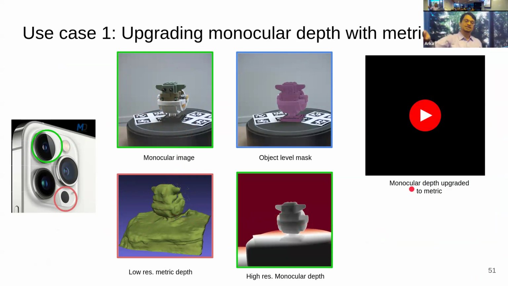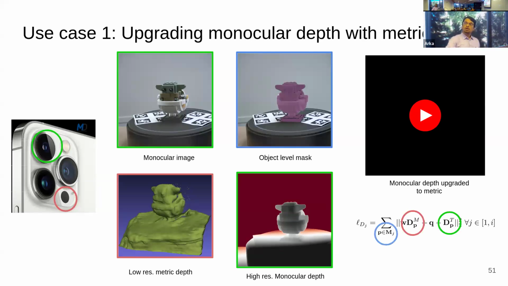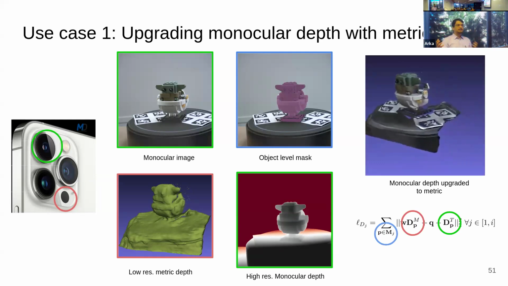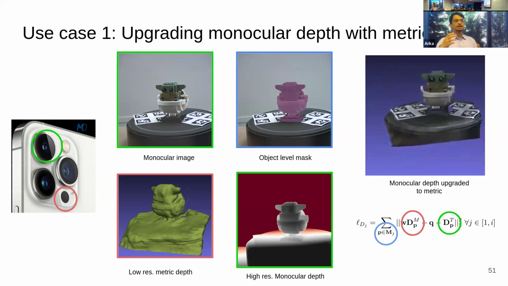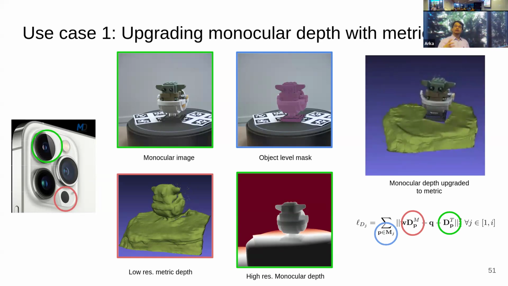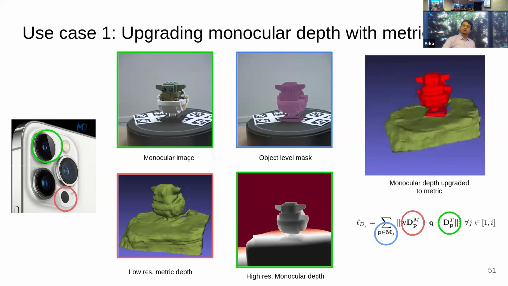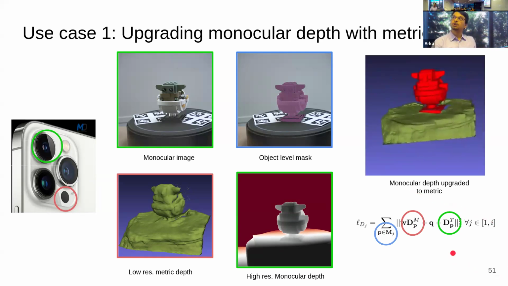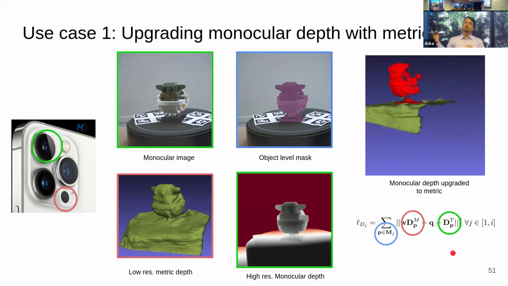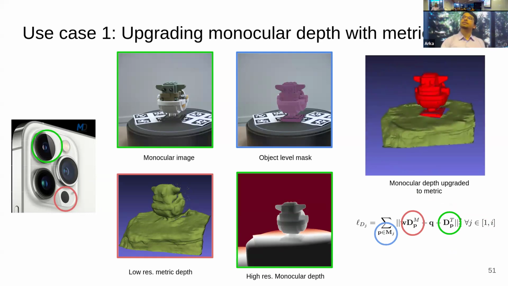From our experiments, we observed that these monocular depth networks understand the scene at a per object level. So they are hallucinating the depth of the tile, the table, and then composing it back. So if we could mask out one part of the scene and focus our attention on that, we can solve this simple least squares problem to upgrade that part of the scene, using high quality but non-metric monocular depth, into metric high quality depth and plot it back into the scene.